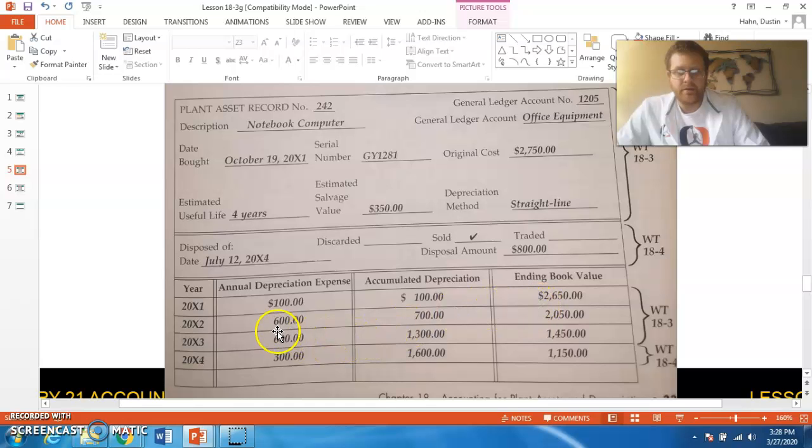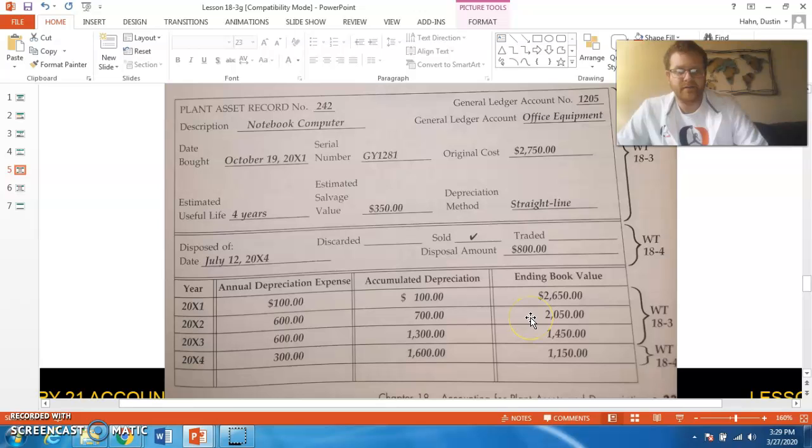Now we have the notebook computer for all 12 months, so you can just put the 600. 100 plus 600 is your 700. Your ending book value minus your 600 equals your 2050. Again, we have it for the full 12 months, so that's your annual depreciation. 700 plus 600 equals your 1300.